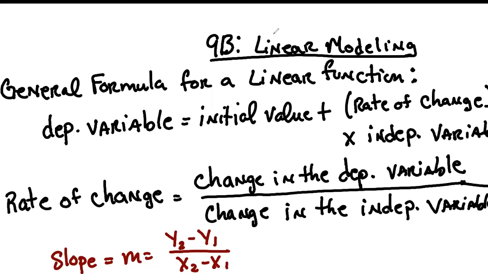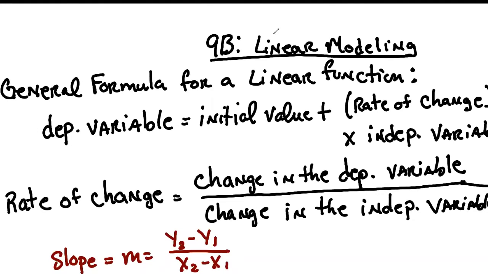And again, the rate of change is the change in the dependent variable divided by the change in the independent variable. And from a mathematical perspective, that is known as our slope. So when we say the rate of change, we are considering it to be our slope.